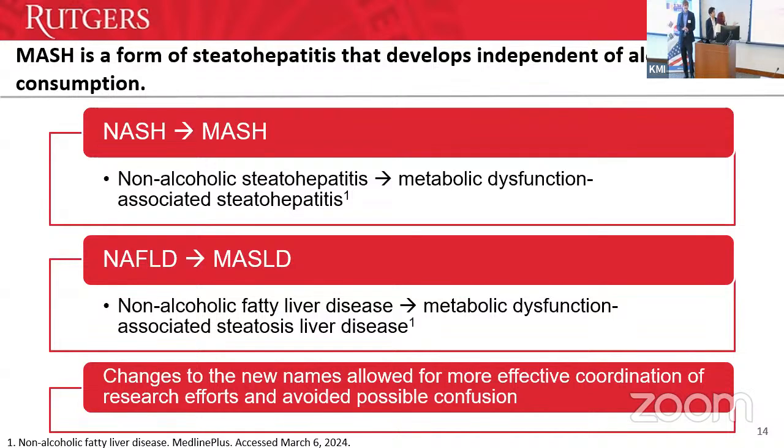So you can see that NASH, which was previously called non-alcoholic steatohepatitis, is now called metabolic dysfunction associated steatohepatitis. And the same goes for NAFLD. Again, non-alcoholic used to confuse patients. So this is more helpful for patients, clinicians, and researchers to be talking about the same thing.